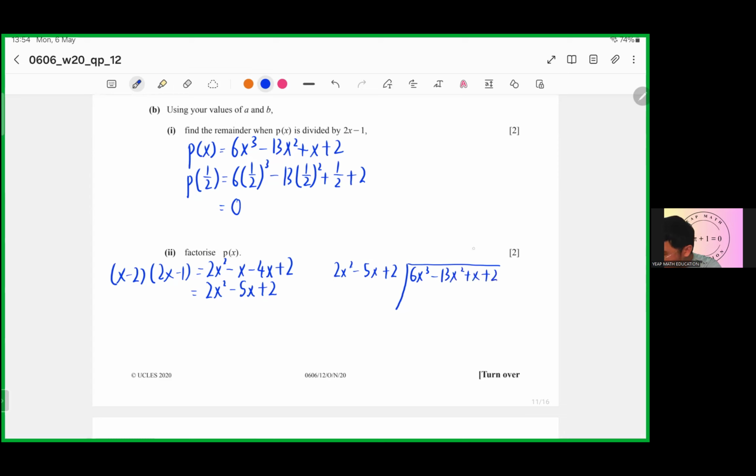So here is 3x, 6x cubed minus 15x squared plus 6x over 2x, and then here I got 5x plus 2, so just plus 1.